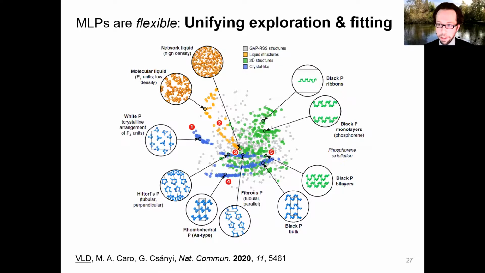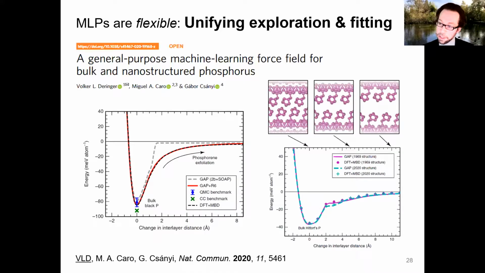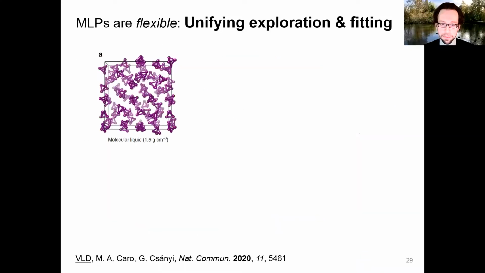That allows us to have very high accuracy in the regions where we need it. For example, for the exfoliation of phosphorene, which is very tricky to get right and to completely capture all these van der Waals interactions. But at the same time, because of this high diversity of structures that we're sampling, we are able to also describe more disordered phases.